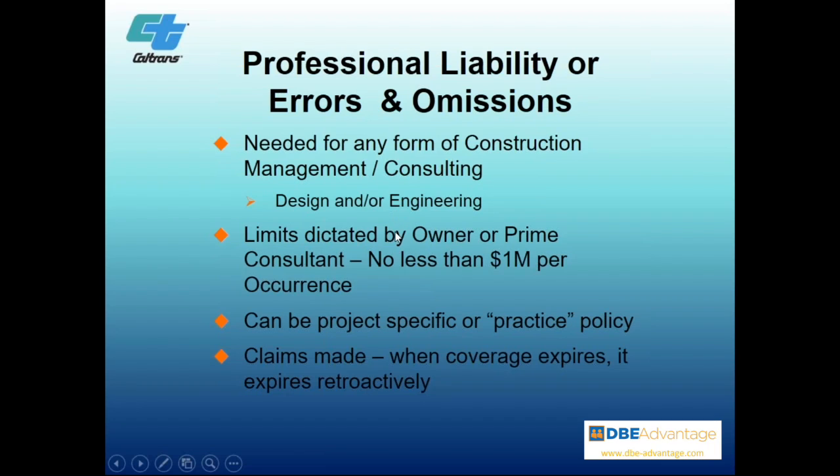You can have it for a project, or you can have it for an umbrella covering your practice. So there's practice or project specific, and premiums are set accordingly. The limits are dictated by the owner or the prime consultant, and in fact, usually are at least $1 million. Claims are made when coverage expires. It expires retroactively.